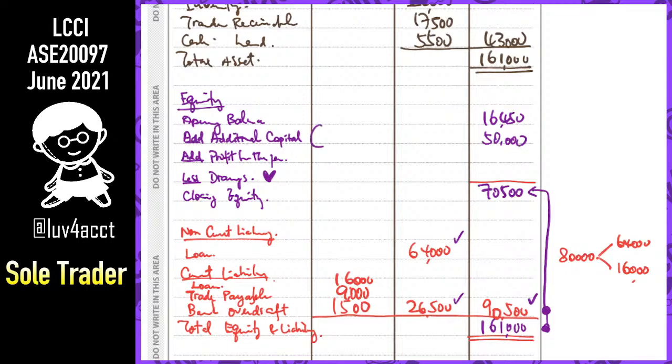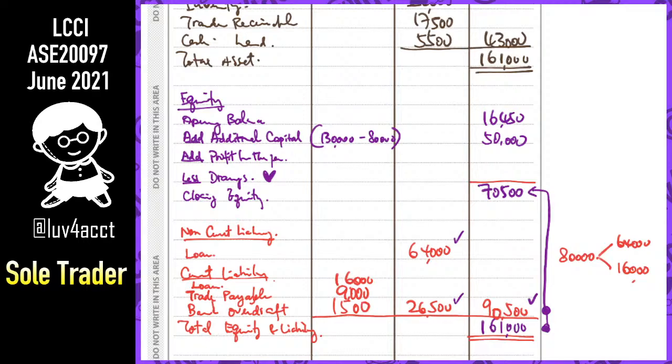This one is the 13,000 machinery. 8,000 is the interest-free loan, and the remaining is provided by Jessie from her personal savings.